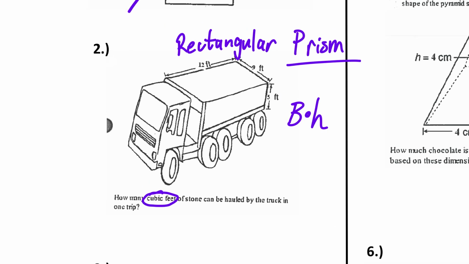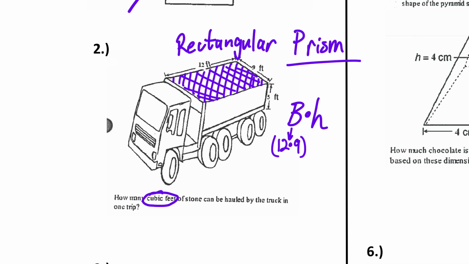Now, the base of this thing is basically this right here. Remember, on a rectangular prism, we just assume the side it's laying on is the base. So how am I going to find the area of that rectangle right there? Just do 12 times 9, right? So 12 times 9 gives me the area of the base. What's the height of that prism?